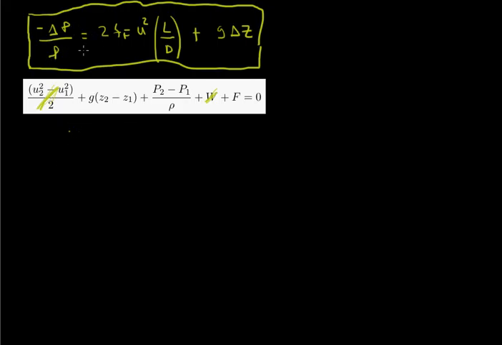So now we can use this relationship and plug it into here. I'm going to say that my negative change in pressure over my fluid density is equal to, and I'm going to plug this in for this term. Let me back up.